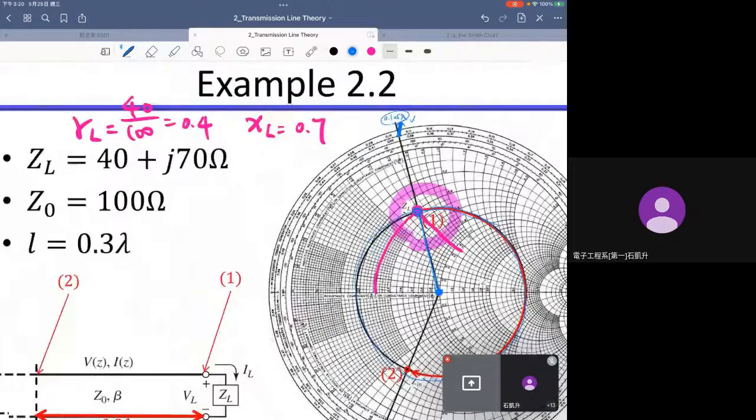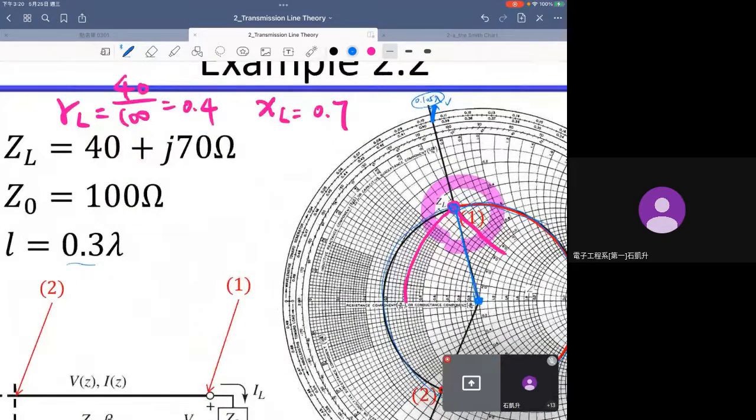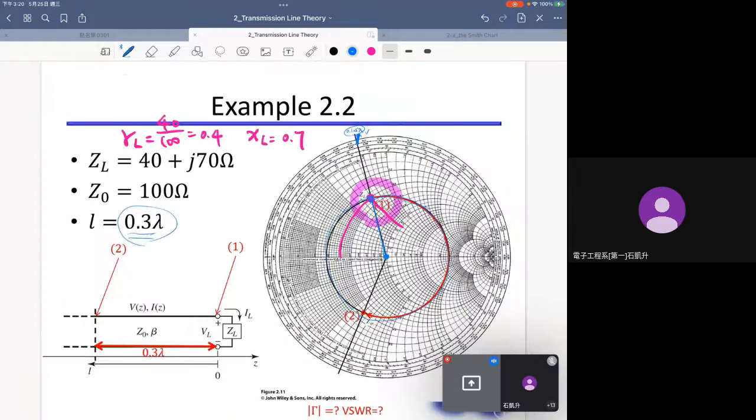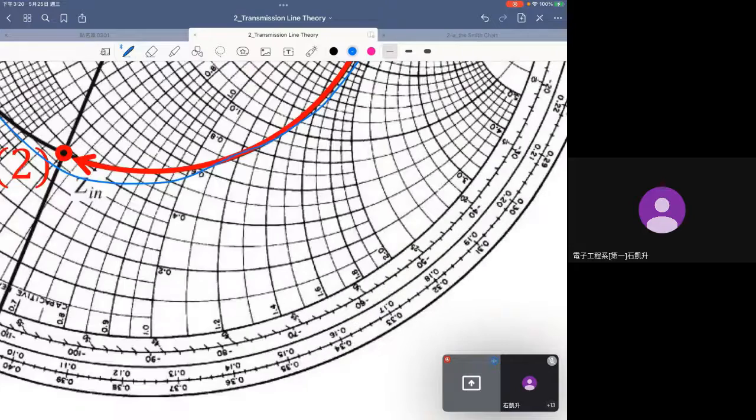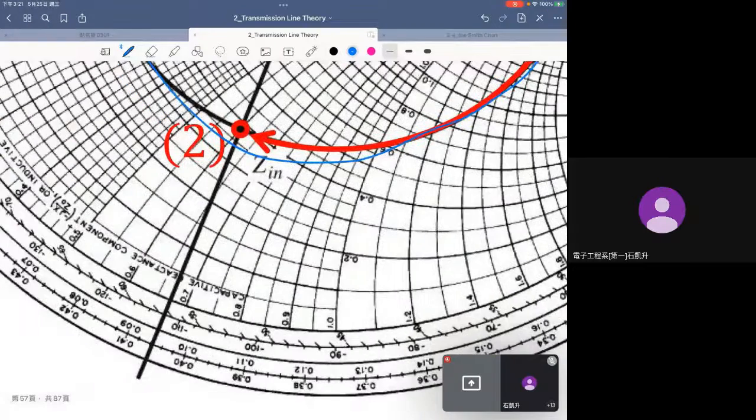Then you add 0.3. So 0.105 plus 0.3 equals 0.405. Then you find the number 0.405. It is here.